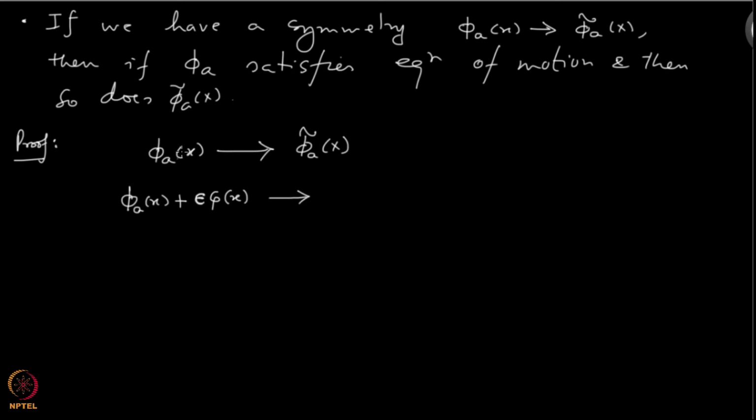We start from phi, and under transformation it goes to phi tilde. If I start from a configuration which is slightly different from this one, then what I expect is a field configuration which is slightly different from this one. So, I expect that there will be this kind of a relation.